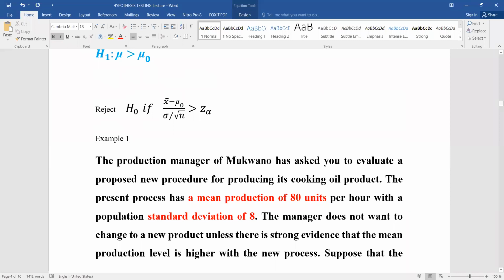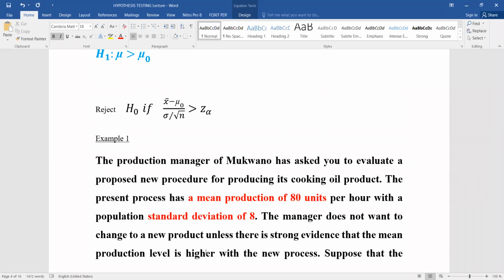The production manager of Mukwano has asked you to evaluate a proposed new procedure for producing its cooking oil products. The present process has a mean production of 80 units per hour.